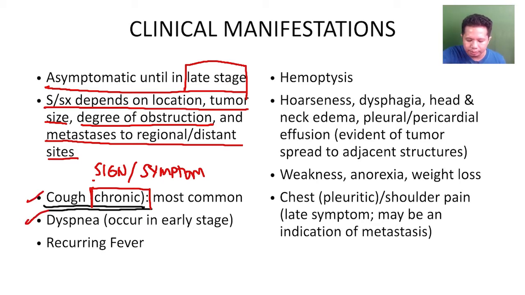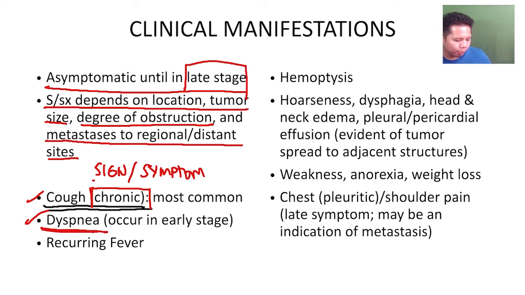Next one is dyspnea. This one is easily being tired or short of breath. Okay, magkakaroon ka ng shortness of breath dahil sa easy activities. So usually this one is also in the early stage.